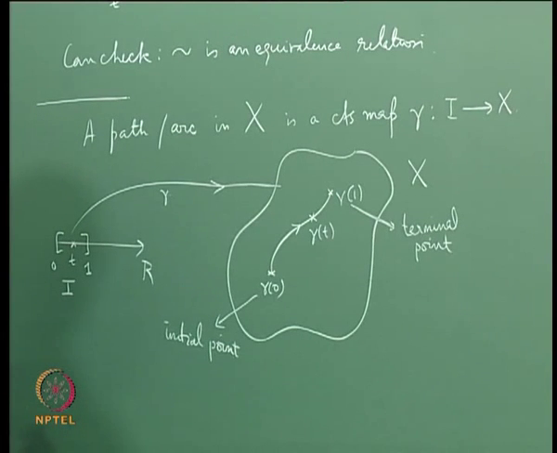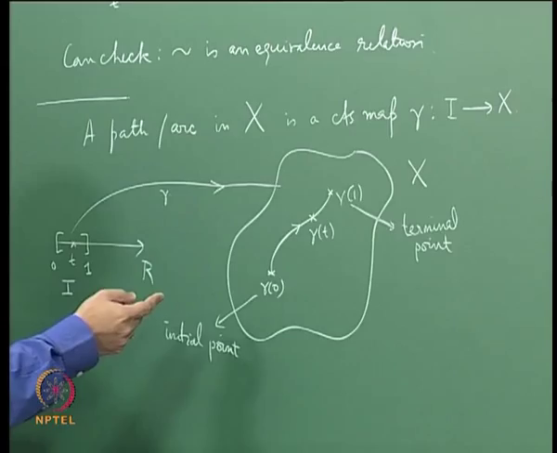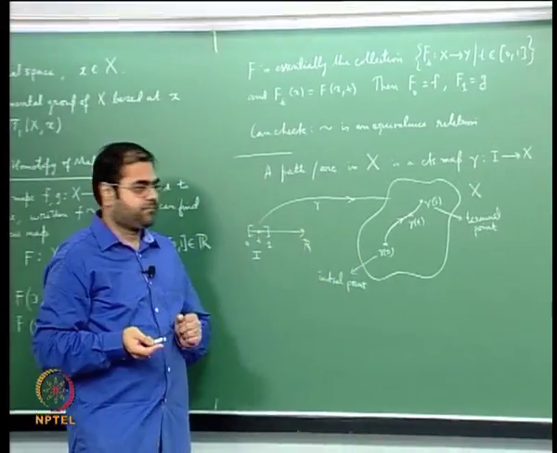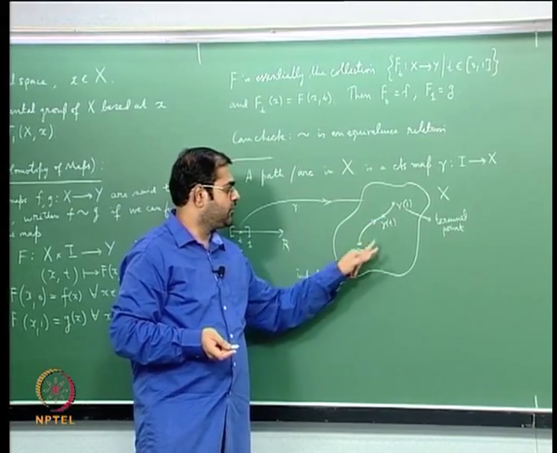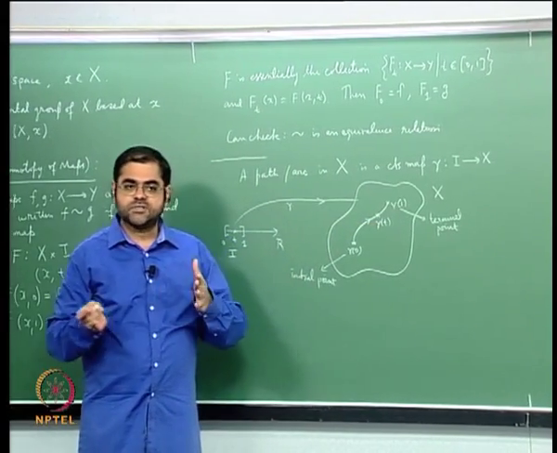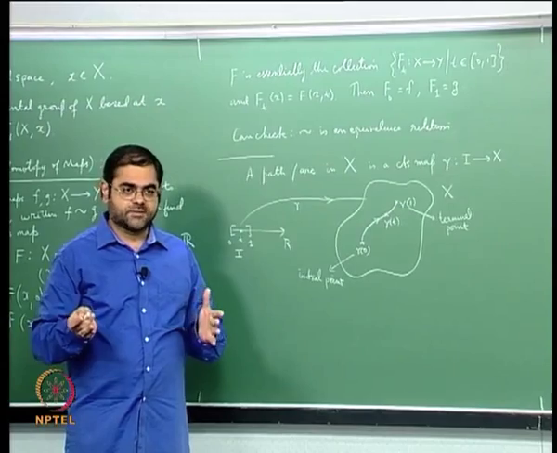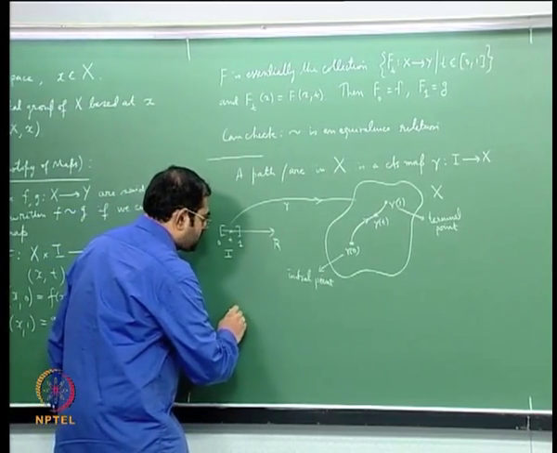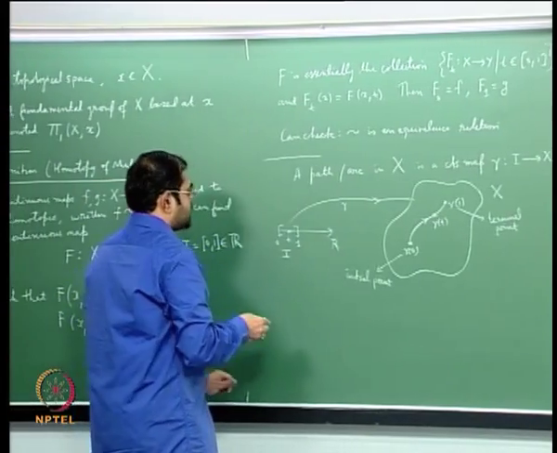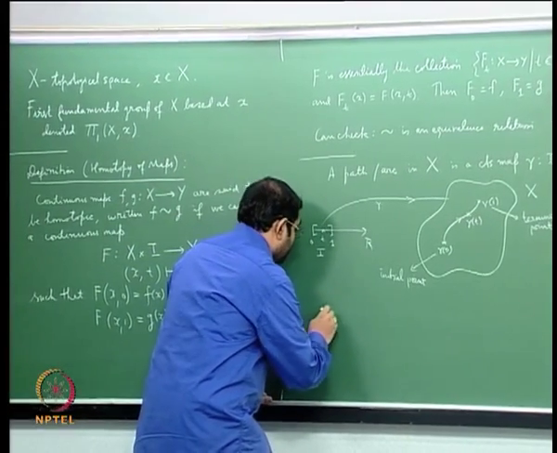Now of course if you have two paths, then you can define homotopy between these two paths. So what one can do is define when two paths are homotopic. So let me do that.